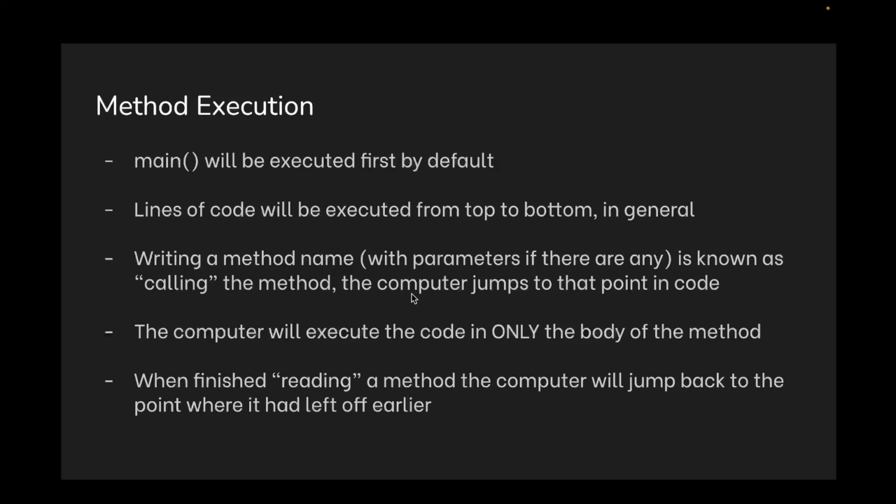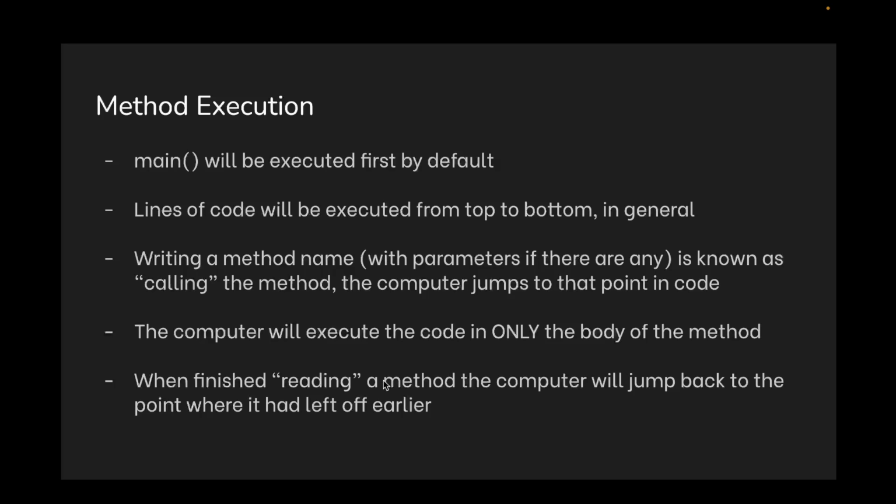So we'll see this in our type along: when we call a method, the computer will jump to that point in the code and then it will execute the code only in the body of that method, and after it's finished reading a method, the computer will jump back to the point where it had left off earlier. So we're jumping around different points in the code and then going back to wherever we started.